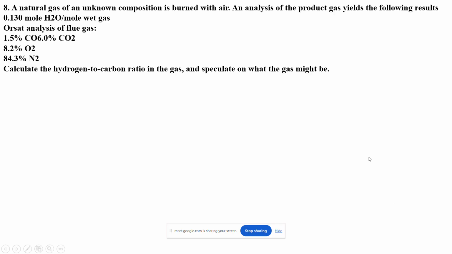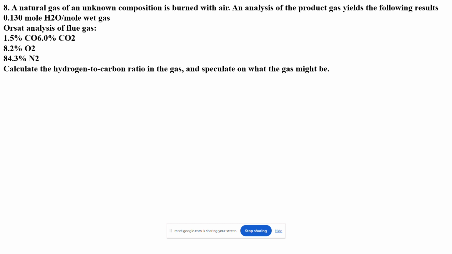Now in this numerical problem, we don't know the composition of the feed gas. We have been given the composition of the output gases. So the scenario is the same. Whatever feed we provide is going to get converted into the output, so the mass balance has to be on the same page.